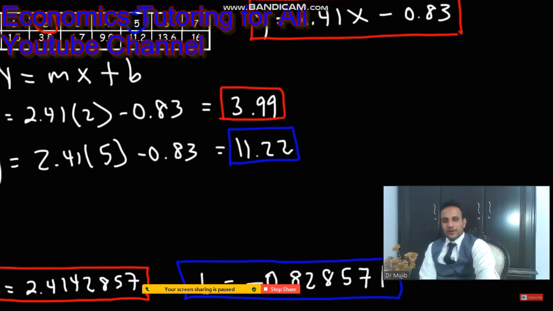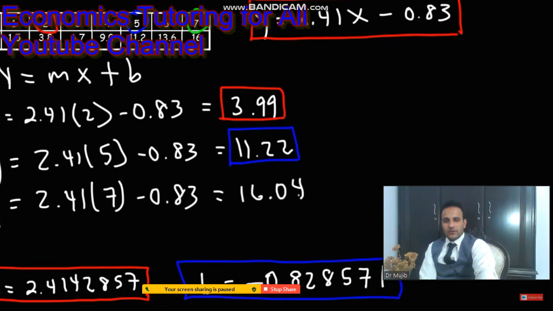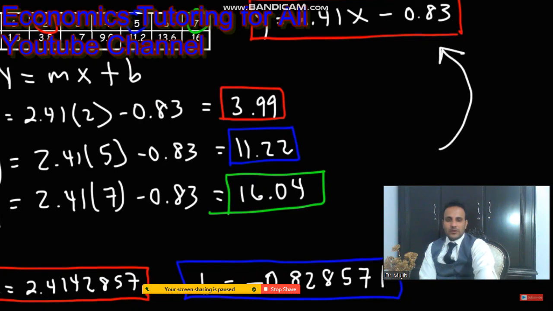Similarly, if you take another value, 7, and put it in the model, 2.41 times 7 minus 0.83, the calculated value here is 16.02. So this is near to the value given in the table. So the model is the best fit, as asked in the question to write a linear equation that best fits the data in the table shown below.